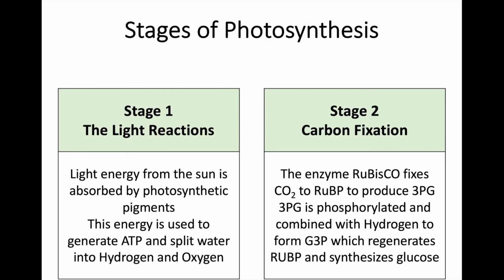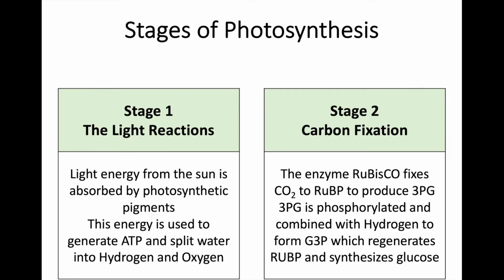So in terms of the stages of photosynthesis, this is very similar to National 5. We've got the light reactions as stage 1, and we have carbon fixation as stage 2. Now, in the first stage, light energy from the sun is absorbed, but we know it's now absorbed by those photosynthetic pigments we've just been talking about.